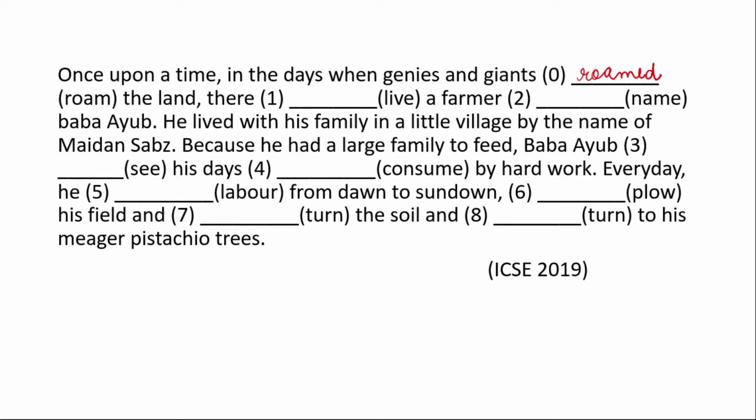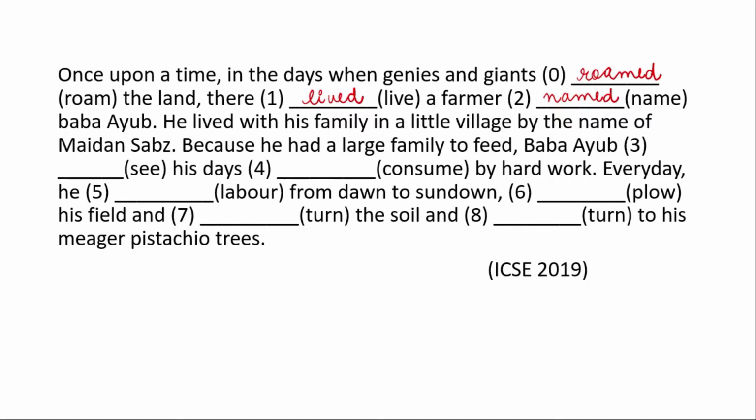Okay, so once upon a time, in the days when genies and giants roamed the land, there dash a farmer. So there lived a farmer. The past tense of name will be named, Baba Ayu. He lived with his family in a little village by the name of Maidan Sabs.